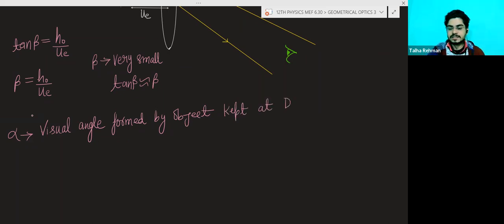D is the least distance of distinct vision. Means up to what minimum distance I can see clearly. For the normal human being, that distance is 25 centimeter.